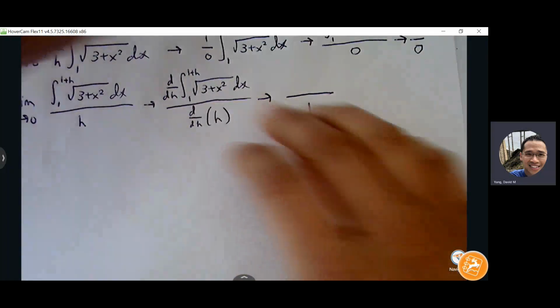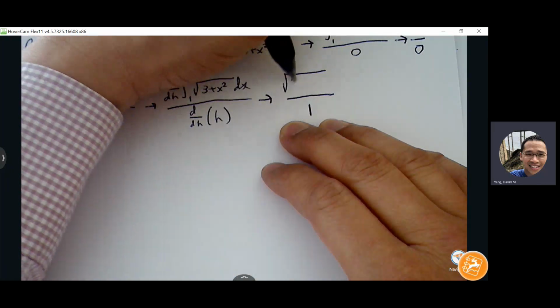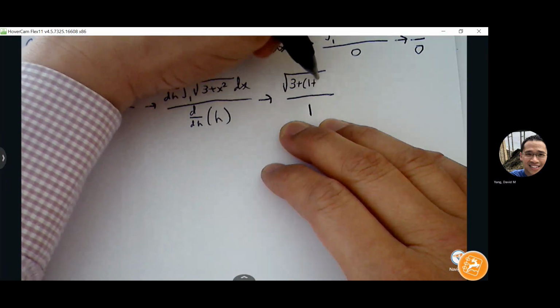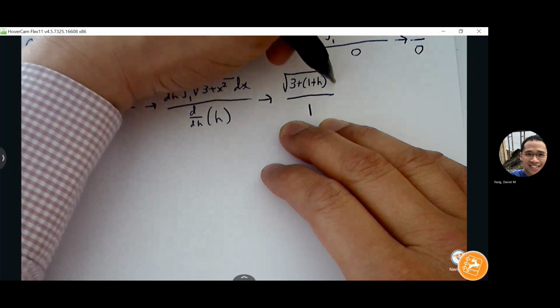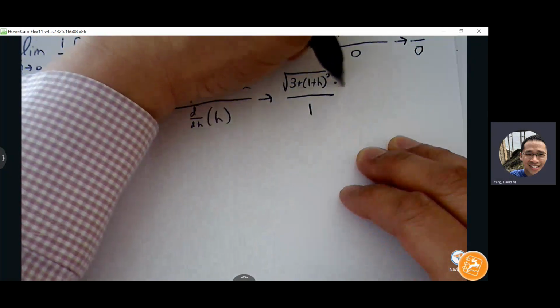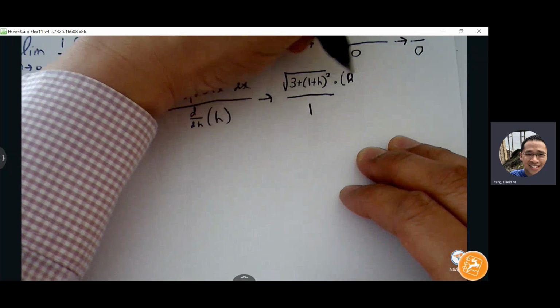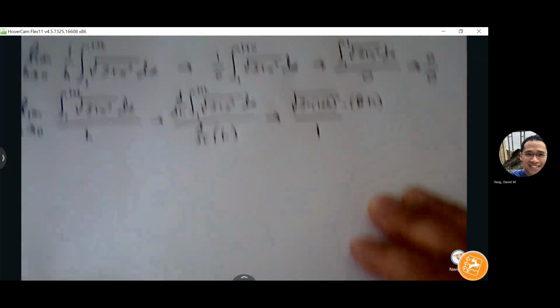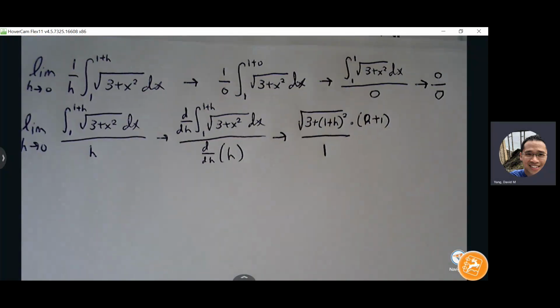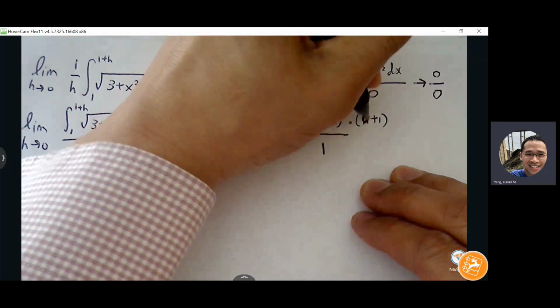Okay, so the upper bound gets inserted into the expression, multiplied by the upper bound's derivative, which is 0 plus 1, which is 1. And now that we have a different version of the expression, we can reevaluate the limit.